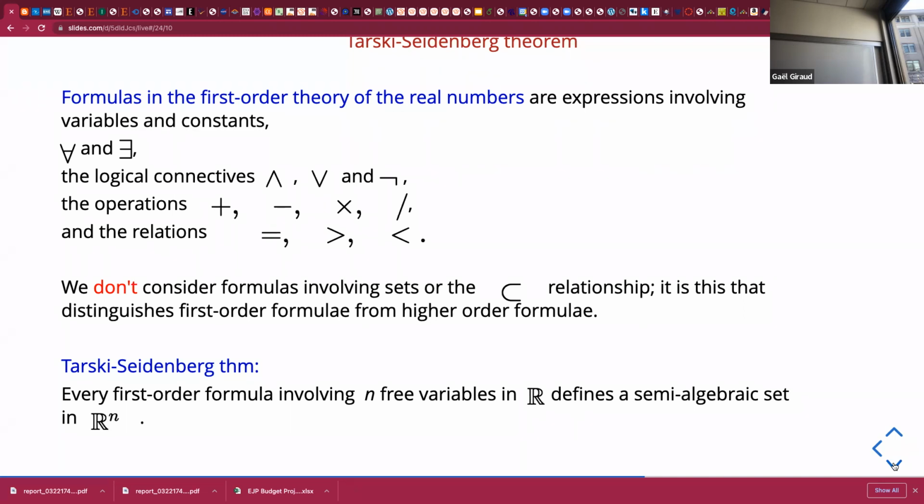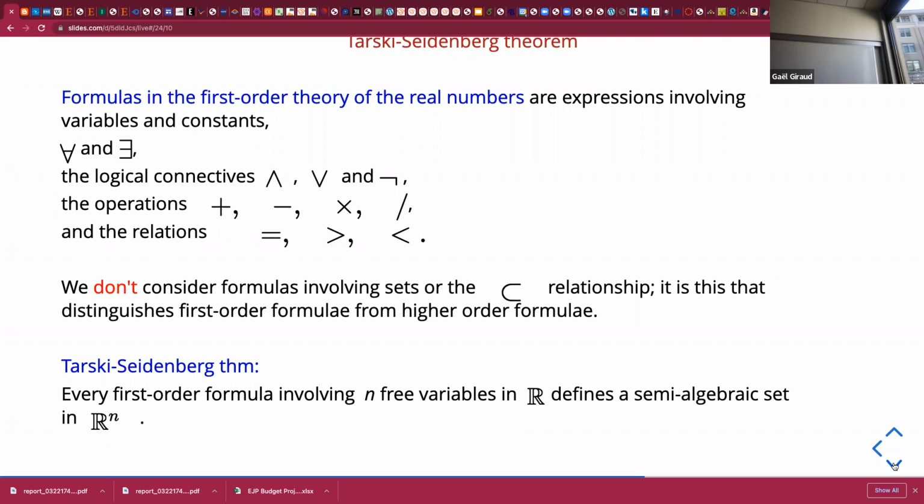The Tarski-Seidenberg theorem is a translation between logic and geometry. It says every semi-algebraic set can be expressed with a first order formula of the theory of the real numbers. What is it? It's a formula which uses quantifiers, there exists, logical connectives and, or, negation, the four operations, equal, bigger than, strictly lower than.